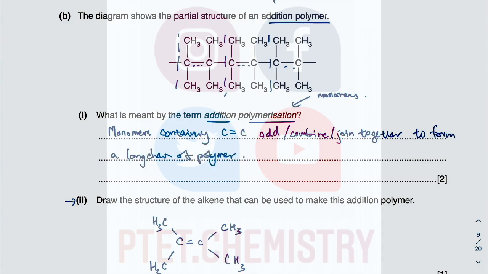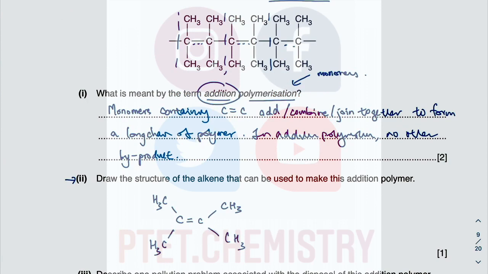Okay, but then the idea of addition polymer, in addition polymerization, there is no other byproduct. This is different from condensation polymerization. Condensation polymerization specifically will kick out a small molecule, typically H2O, but can also be HCl depending on your starting materials. But in addition polymerization, no other byproduct is formed, only the polymer.